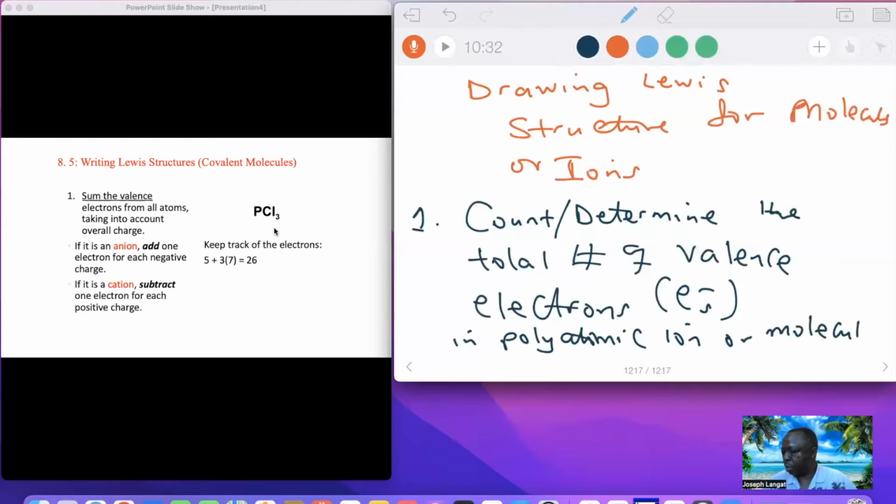It's not always that you will be working with neutral molecules. Sometimes you may be given a polyatomic ion.